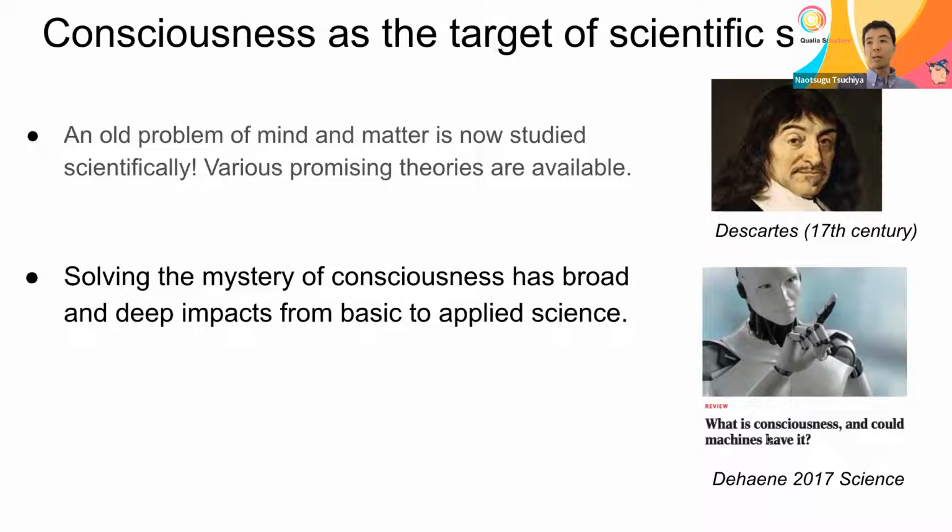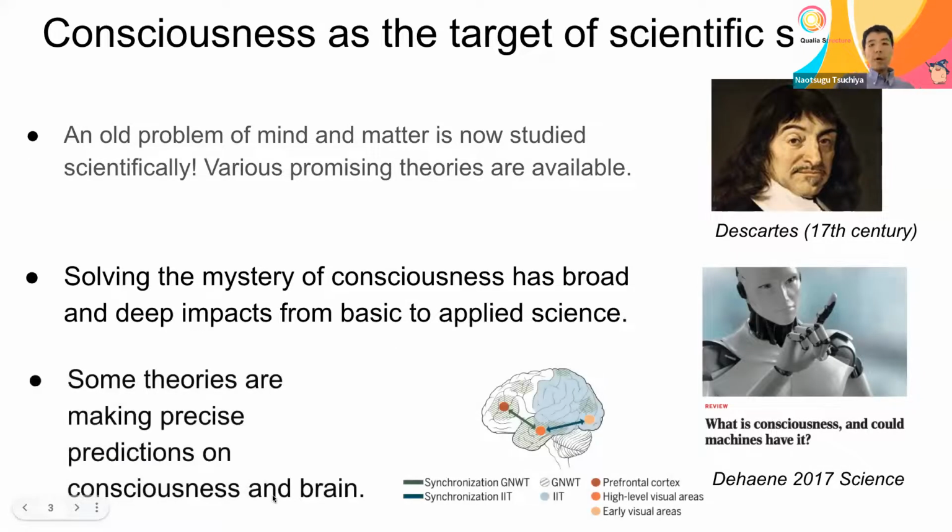And on the right side is a recent review and opinion paper by Dehaene, talking about the possibility of artificial consciousness in the coming years, or maybe 10 years. And then also, empirically speaking, not only these kinds of scientific impacts, but some theories of consciousness are making precise predictions to make empirical progress.